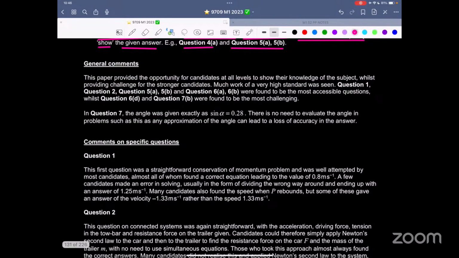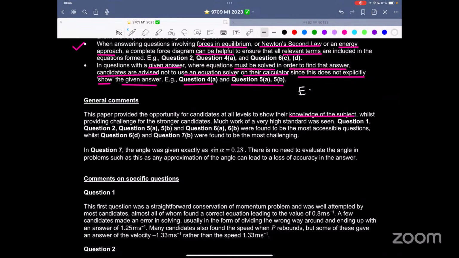General comments: the paper provided the opportunity for all candidates to show their knowledge of the subject. That means always expect a variety of questions. There will be the easy ones, there will be moderate ones, and there will be some tough ones.